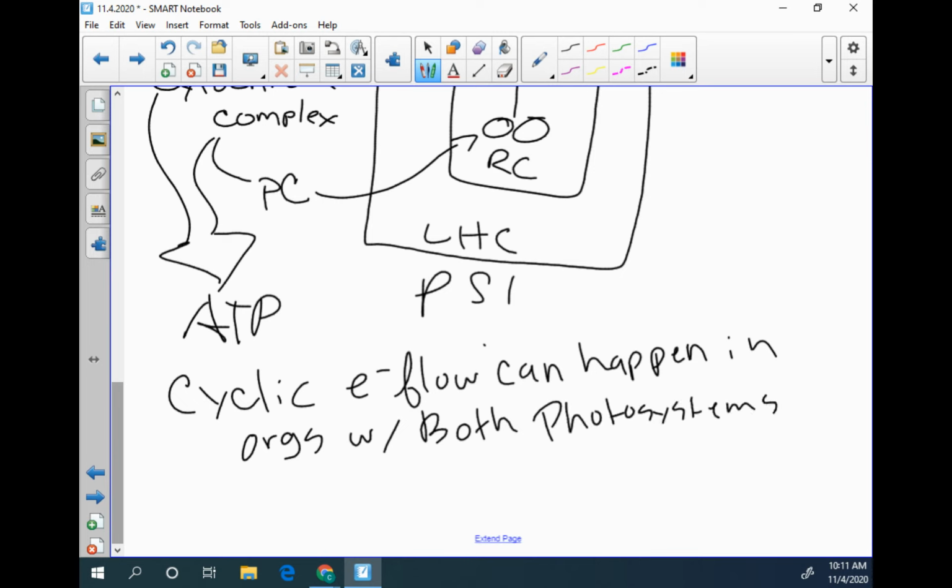We don't really know why. We don't know why this is a thing. We think that it is an evolutionary leftover. Just like we have an appendix, even though we don't use it anymore, we think that photosynthetic cells have this pathway that they can use, but they don't really need it anymore.